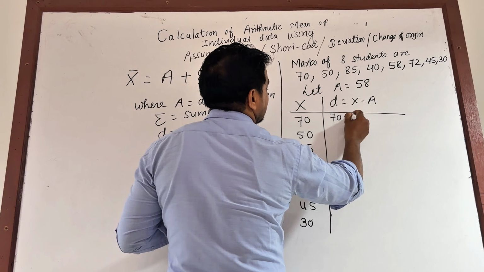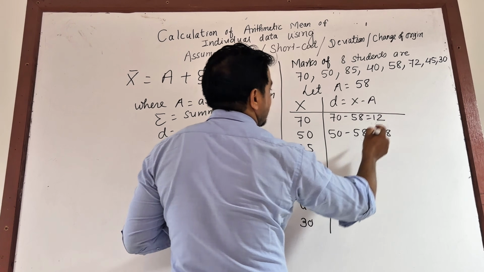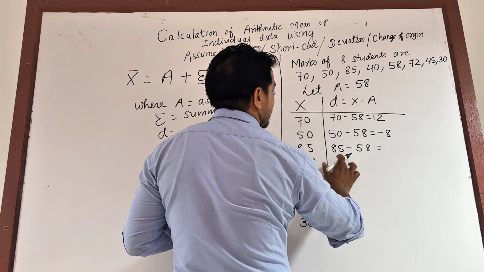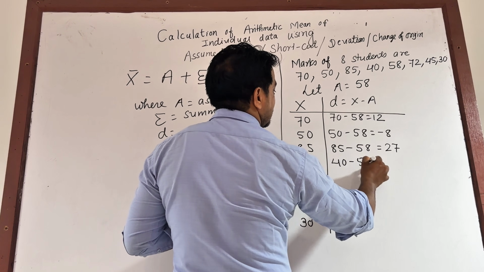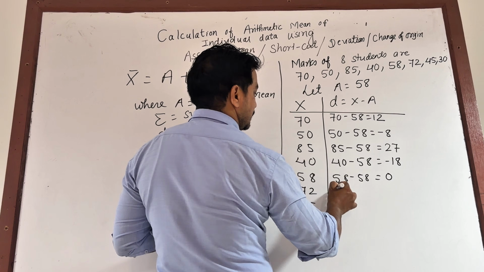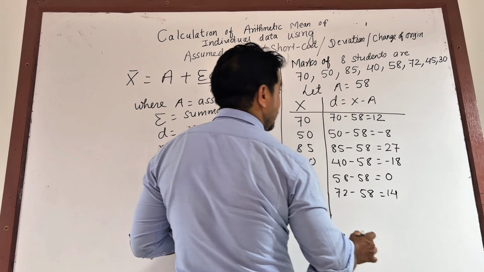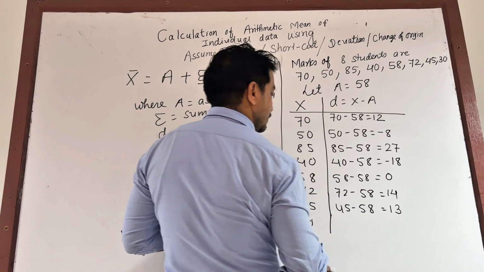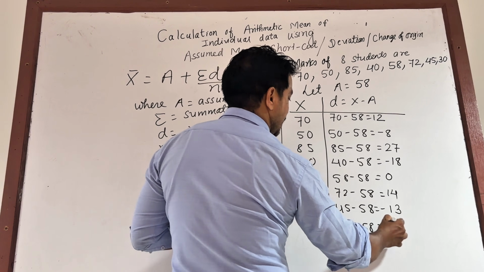So 70 minus 58 is 12, 50 minus 58 is minus 8, 85 minus 58 is 27, 40 minus 58 is minus 18, 58 minus 58 is 0, 72 minus 58 is 14, 45 minus 58 is minus 13, 30 minus 58 is minus 28.